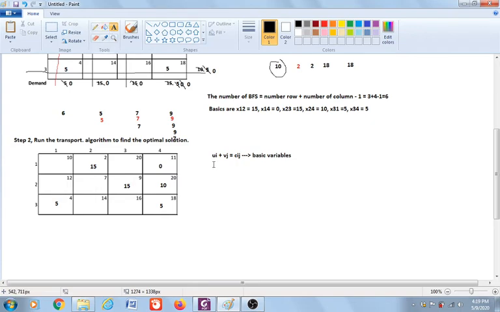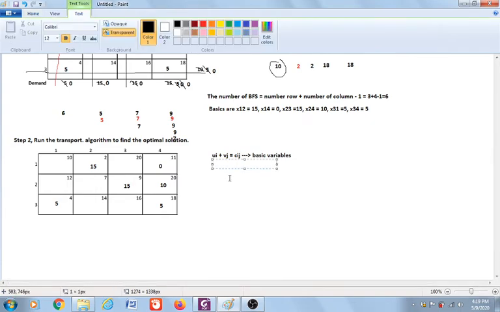And the next equation is ui plus vj minus cij, and this equation is for non-basic.